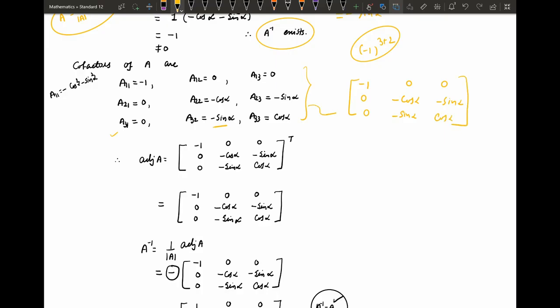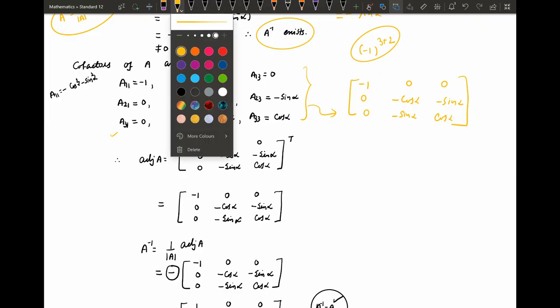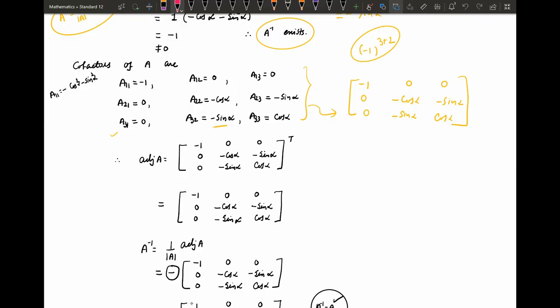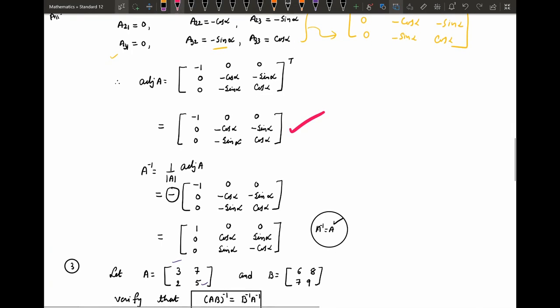This is the matrix formed by the cofactor of each entry, and then you have to take its transpose. So when you take its transpose, this is the transpose.